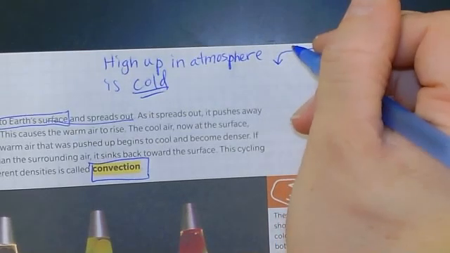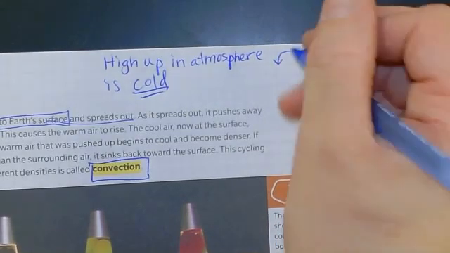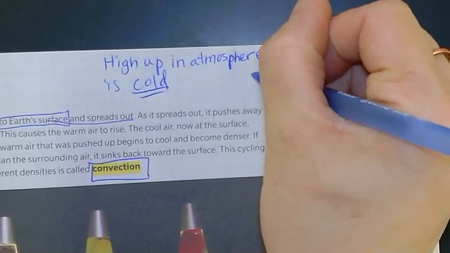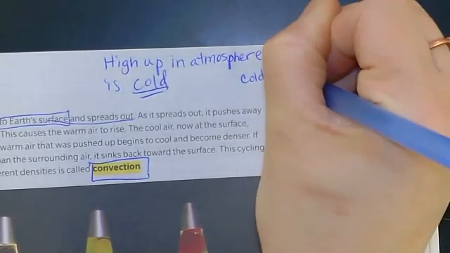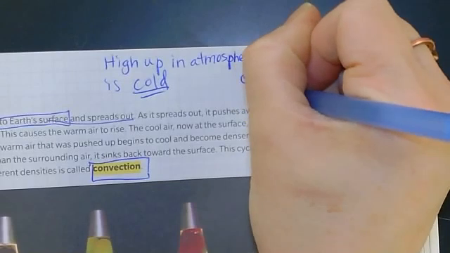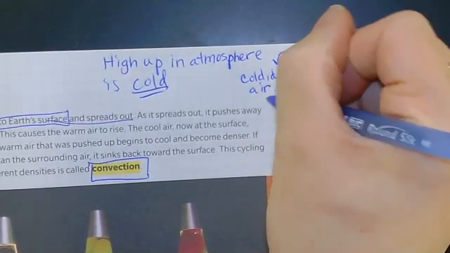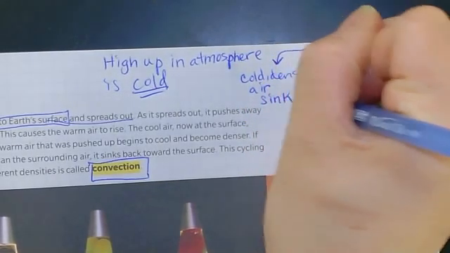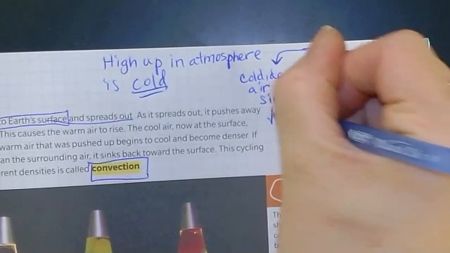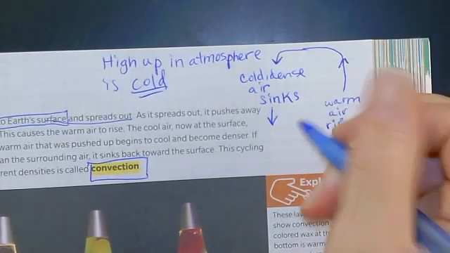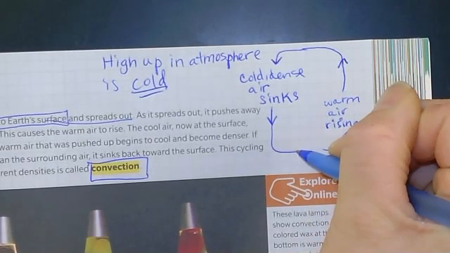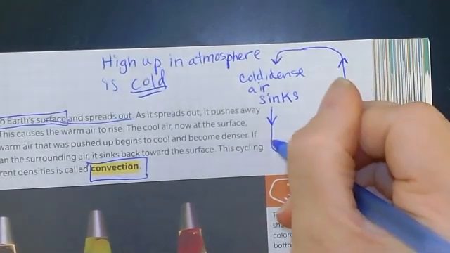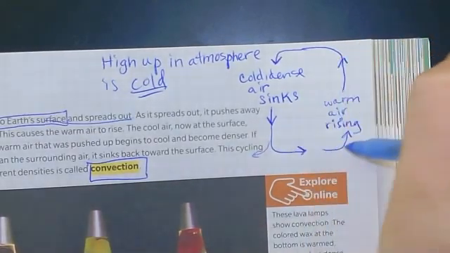is cold. So since it's super cold up here, those air molecules begin to condense, as we discussed when we discussed condensation. They're slowing down, they're coming together, and then when they come together, that makes them more dense. So now we're going to say cold, dense air sinks because it's heavier than the air around it.